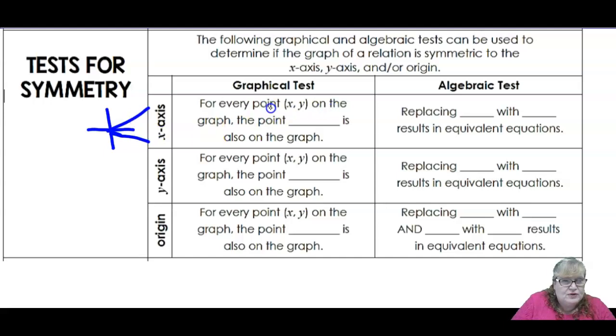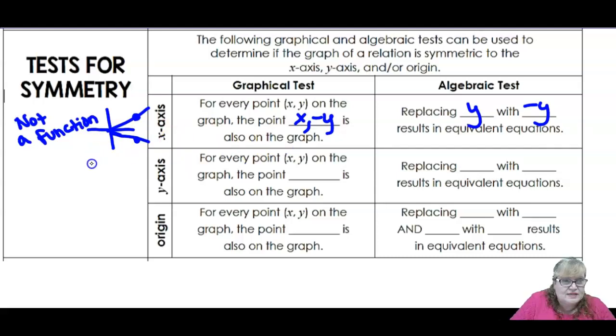So every point x, y on the graph, the point with the same x but the opposite y is also on the graph. Make sense? Here and here. So replacing y with the opposite of y has to result in an equivalent equation. Please notice this is not a function when it has x-axis symmetry.